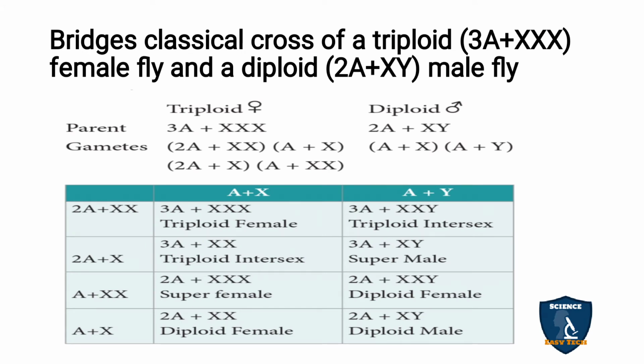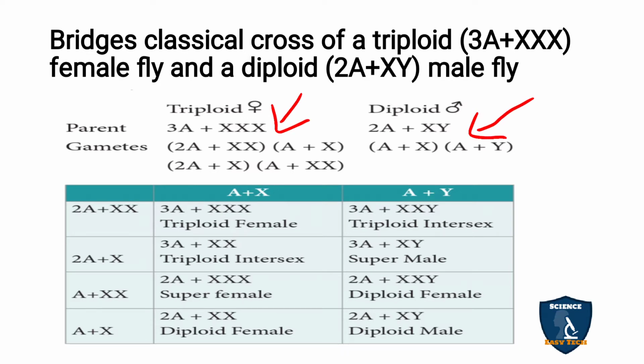Bridges crossed a triploid female fly with a diploid male fly. The female parent is 3A plus triple X, and the male parent is 2A plus XY.